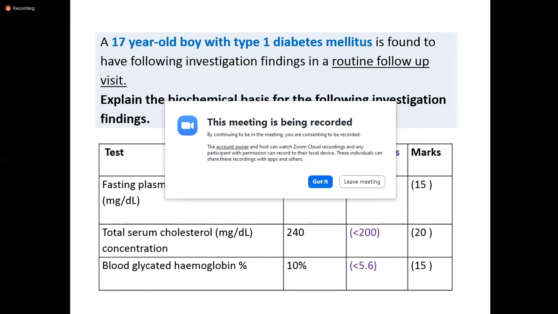Then what has been asked is, explain the biochemical basis for the following investigations. Can somebody read the answer for fasting plasma glucose concentration, that part? Anybody? Can you please?